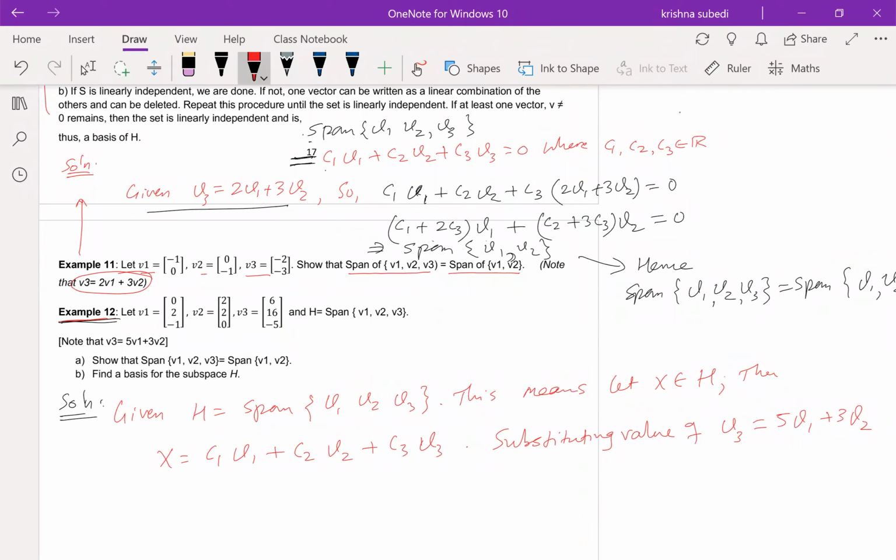In this example, H is the span of this one. So if I take any object in H, that can be written as a linear combination of those vectors by definition. Substituting this value, then what do you get?